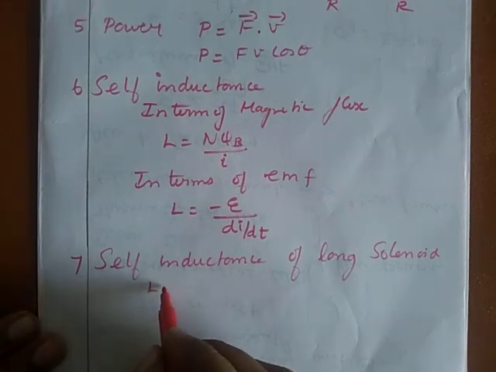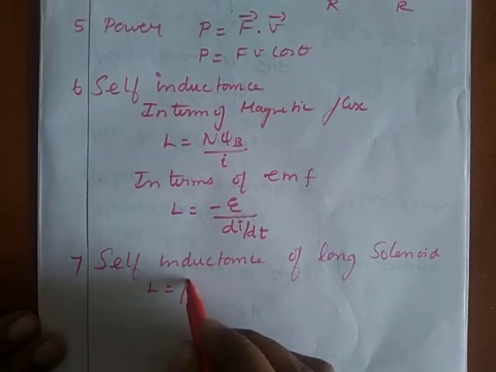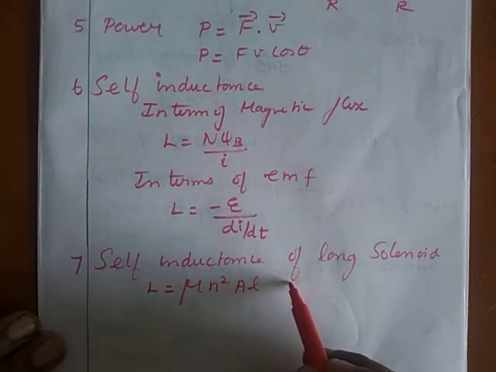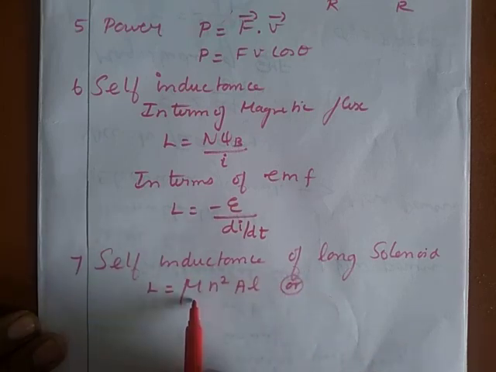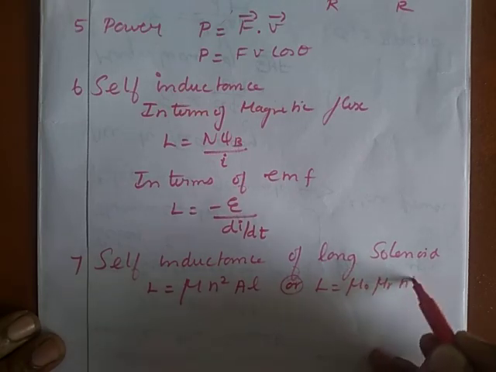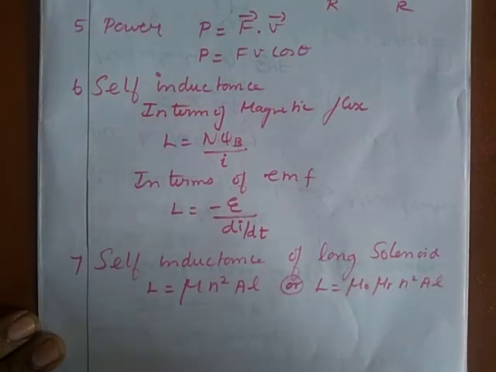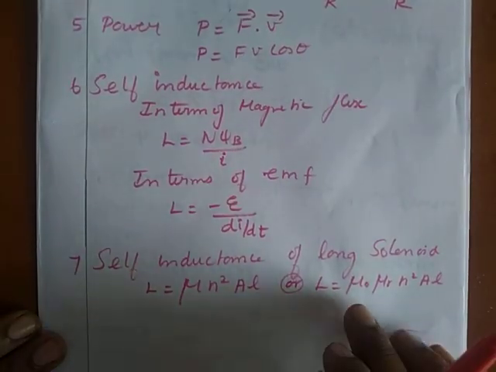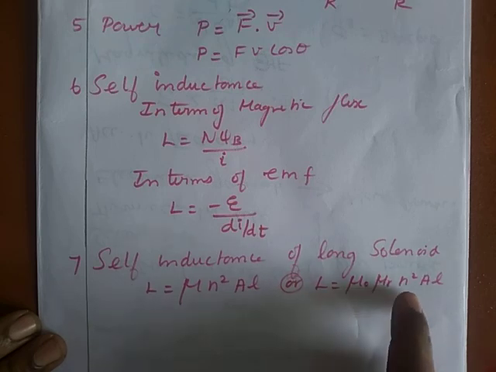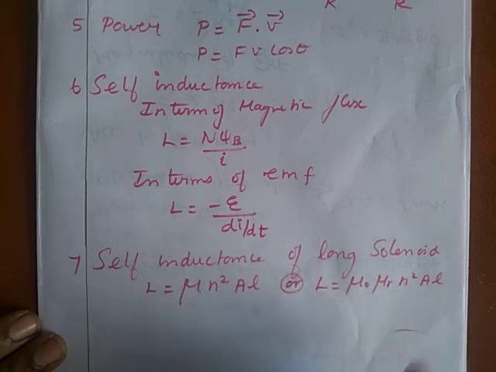For that we found the self-inductance L is equal to mu n square A L. In order to write in terms of relative permeability, L is equal to mu naught mu r n square A L. For air medium, mu r will be 1, then it became L is equal to mu naught n square A L. Here mu naught is the permeability of free space and mu r is the relative permeability. n is the turn density of the coil, the number of turns per unit length. A is the area of the coil and L is the length of the solenoid.